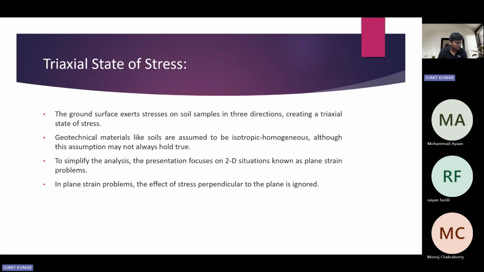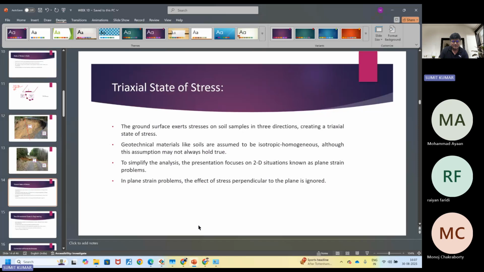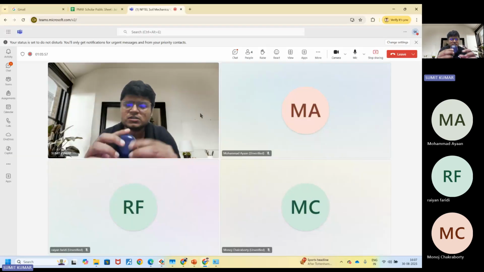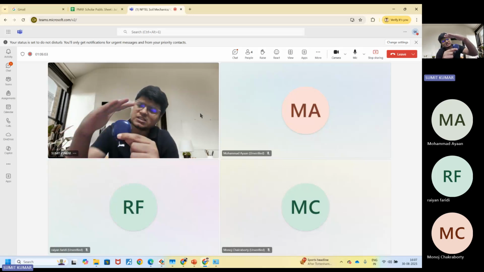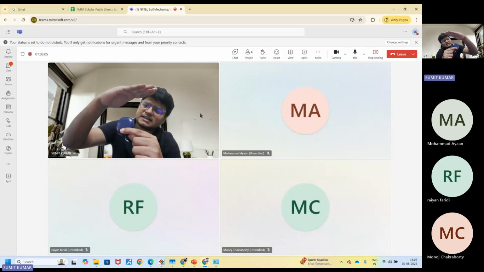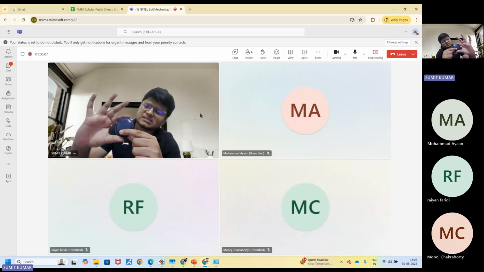Let me move to my screen so that I can also see it. Suppose this is the cross section of soil. The ground surface is above, and we are taking this cross section below the ground surface.